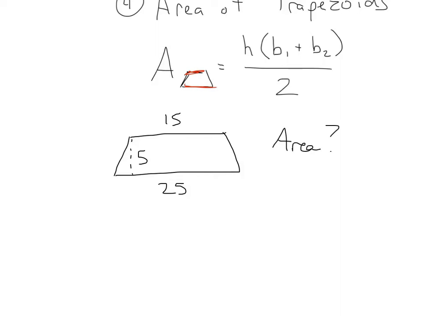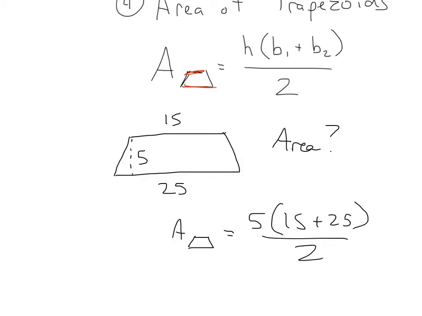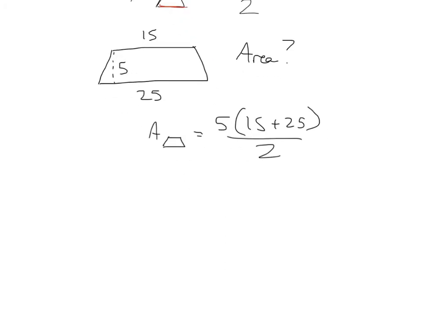Okay, well, let's see. Area of a trapezoid is found by taking the height, which is 5, times the sum of the bases, so 15 plus 25, and dividing that all by 2. Order of operations says grouping symbol. Got to do what's on top first, then what's on bottom. So on top, we have to obey order of operations again and do what's inside the parentheses.